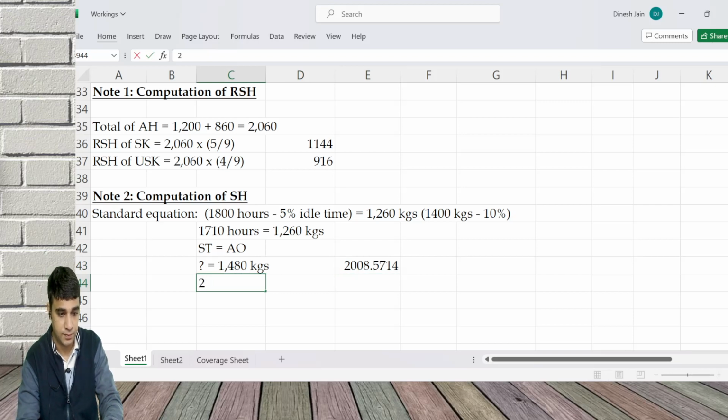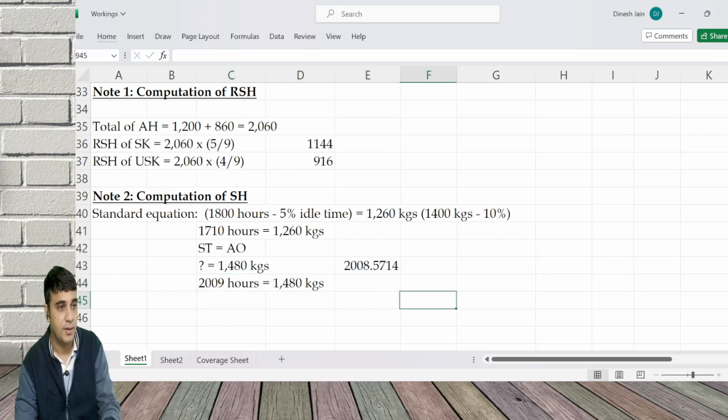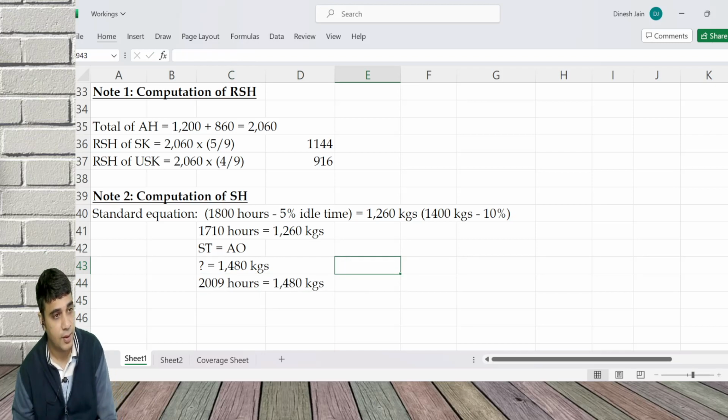How much? It's cross multiplication. You guys should be able to do. Yeah, 2009 hours is equal to 1480 kgs.